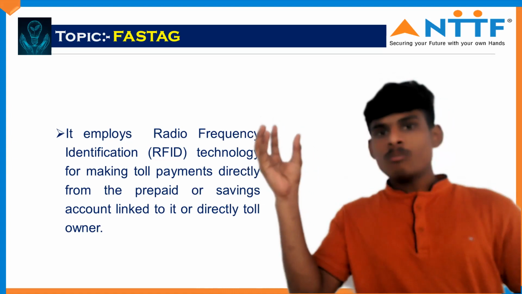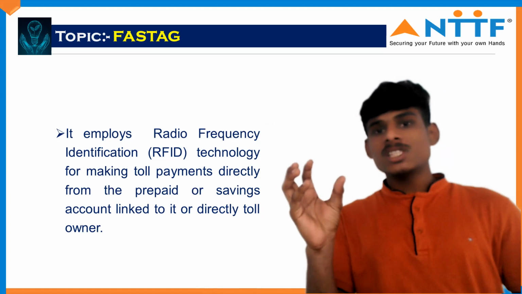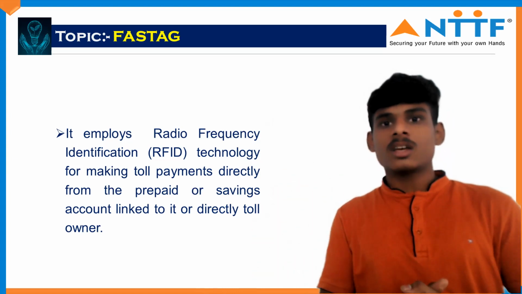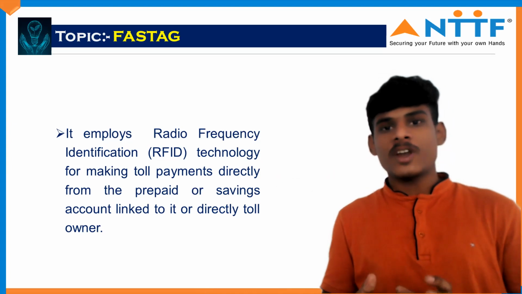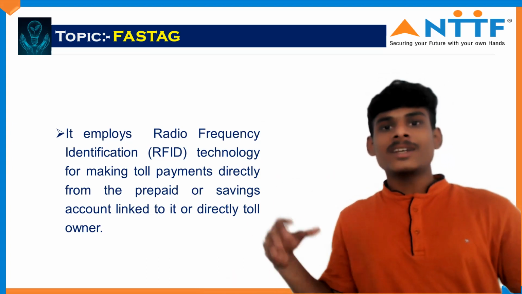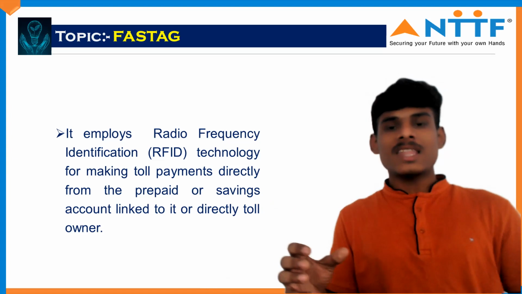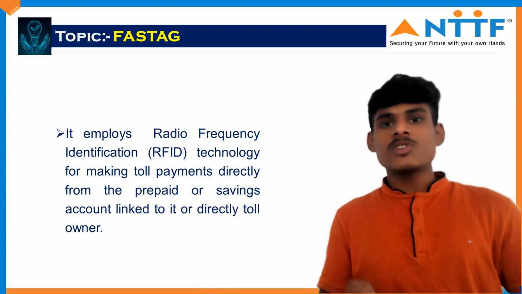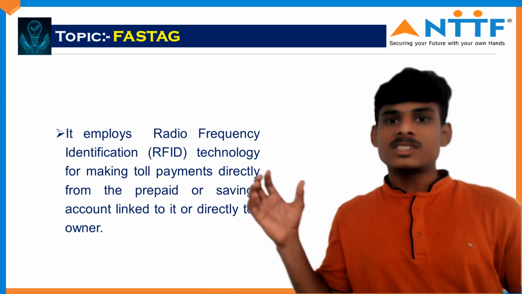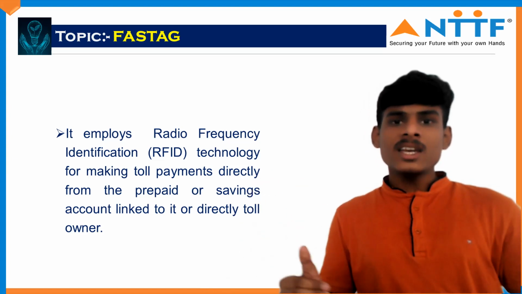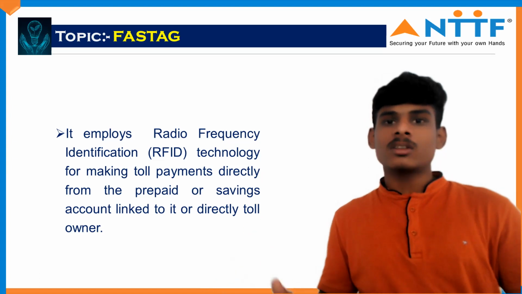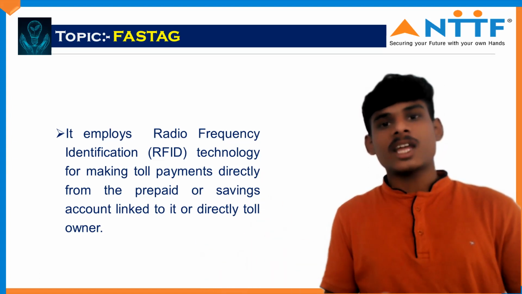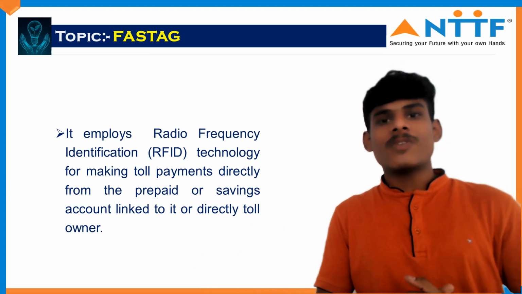On the bottom of the beam, one sensor will be there, which is able to catch the signals produced by that RFID card. When we pass, the sensor strikes that RFID card and produces some signals. The signals caught by this sensor directly cut money from the account of the owner of the car, which is linked through that FASTag technology. So it's all about this FASTag technology.